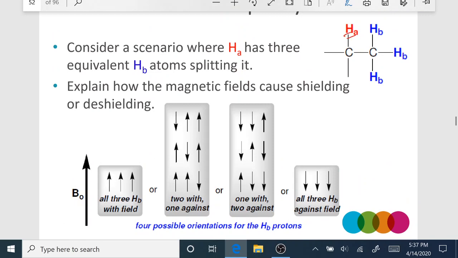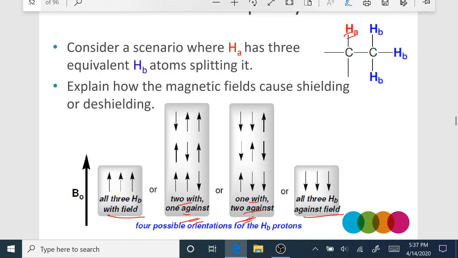Now, if HA has 3 neighbors, then they have these different possibilities. All 3 with the field, all 3 against the field, or 2 with, 1 against, 1 with, 2 against. So we could have 3 different possibilities for each of these middle positions, and then all 3 with and all 3 against, giving us 4 different unique possibilities, but statistically we have 3 possibilities each for those 2 center ones.